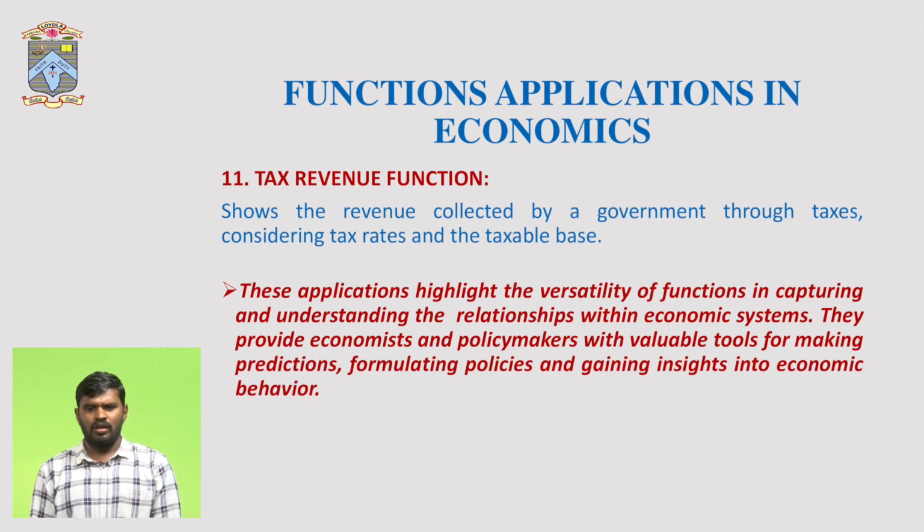Last one, tax revenue function. People used to avoid taxes whenever the tax rates are very, very high, and they pay a very small amount to the government. This means the tax rate and the revenue of the government are closely connected.